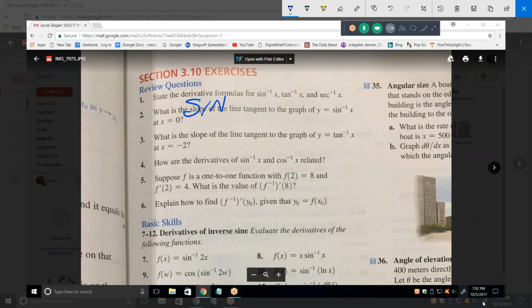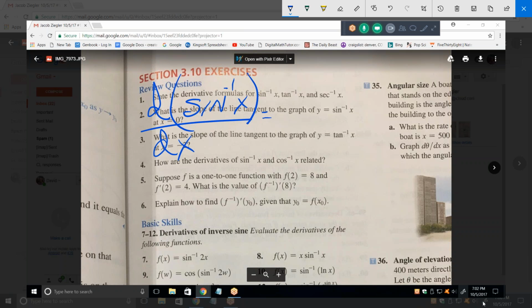So let's talk about what the derivative of inverse sine of x is. Oddly enough, when we take derivatives of inverse sines, we get algebraic expressions.